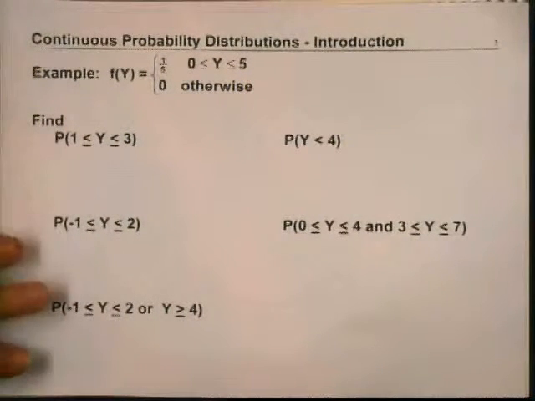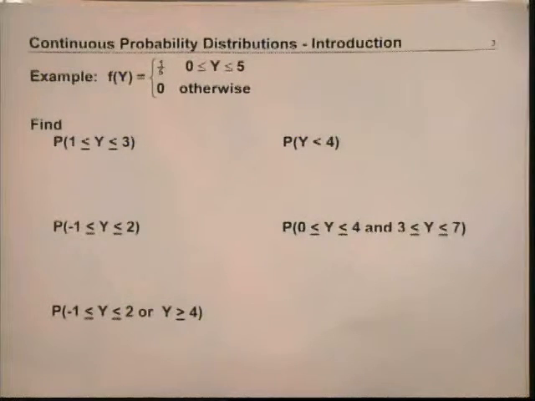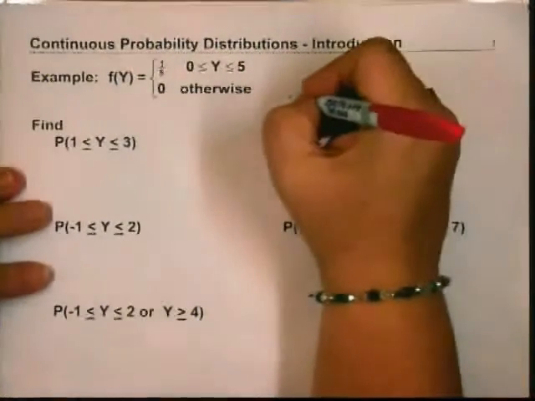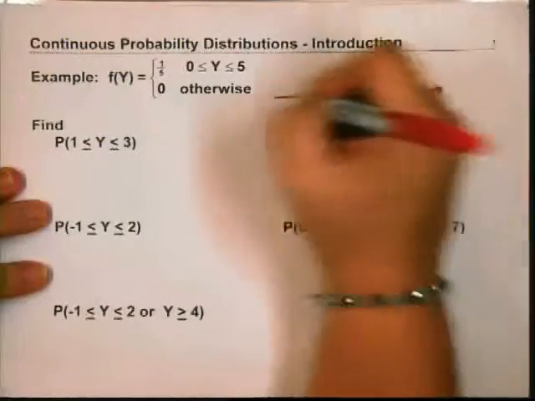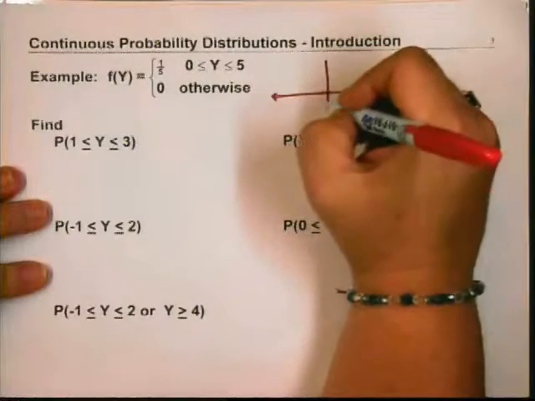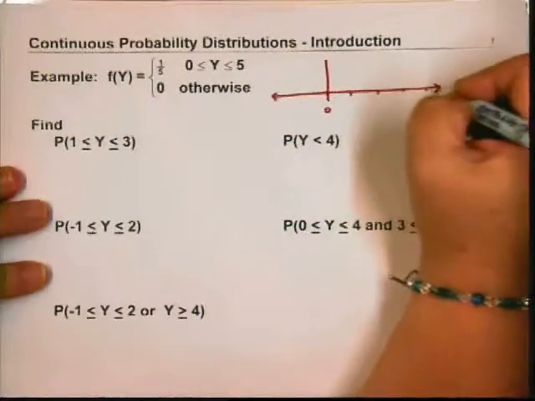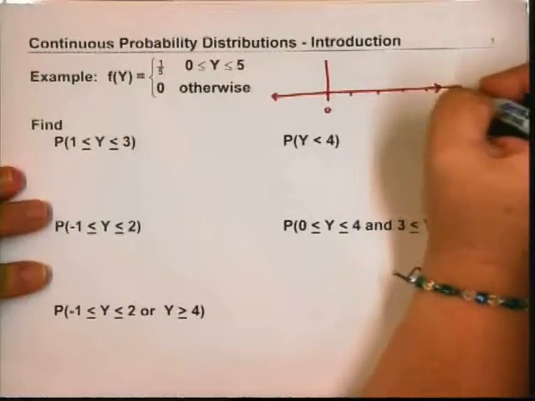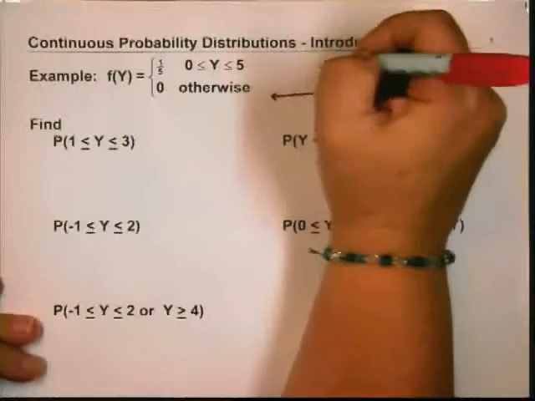All right, suppose I just have the simple function here that the function f of y is equal to 1/5 on an interval from 0 to 5 and 0 otherwise. So what we're looking at, then, in terms of a number line, or set up a coordinate system at 0, 1, 2, 3, 4, 5, and we're at a height of 1/5.